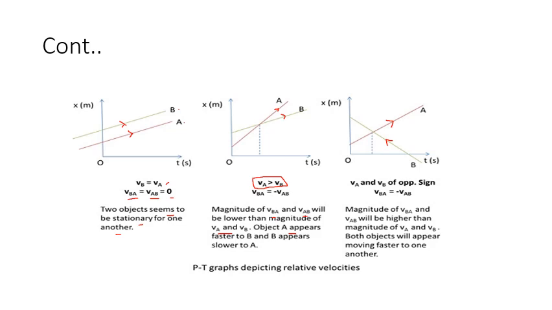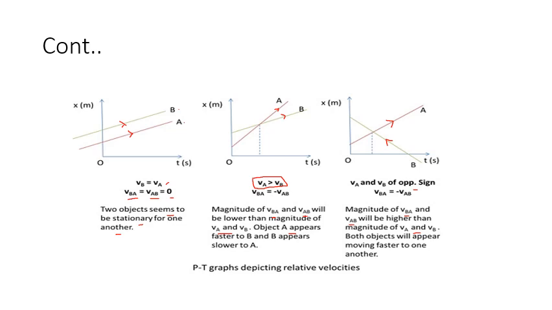Okay. Then look at the third graph. VA and VB are of opposite sign. Both the trains are moving in opposite directions. Is that clear? Then the magnitude of VBA, relative velocity of object B with respect to A, and object A with respect to B will be higher than the magnitude of VA and VB.